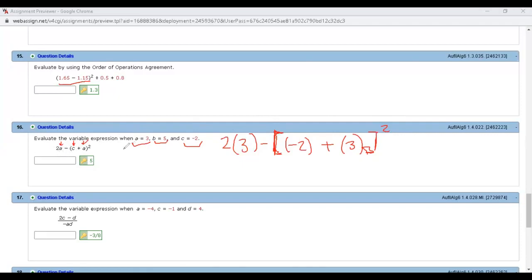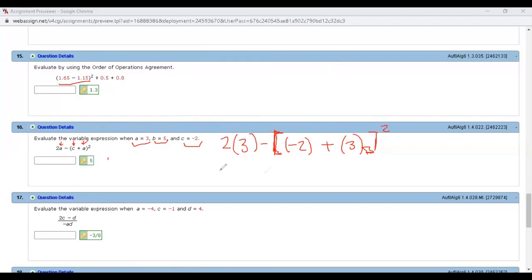Now on your work, I definitely recommend to write this out, write the original, and then write the version where you plug it in. So you can see and make sure that you have everything in the right position and in order and all of that good stuff. So we have everything plugged in.